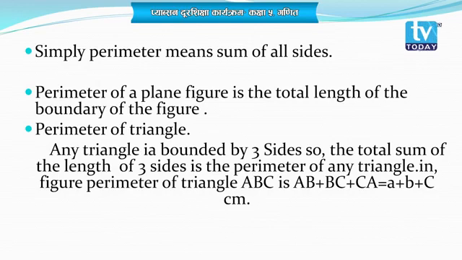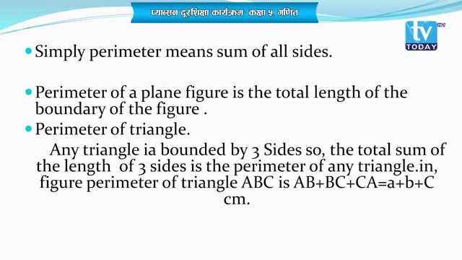Now, how to find the perimeter of that triangle? See here students, the total sum of the lengths of the 3 sides is the perimeter of a triangle. The sides should be added to each other to get the perimeter. You can make a figure by yourself.